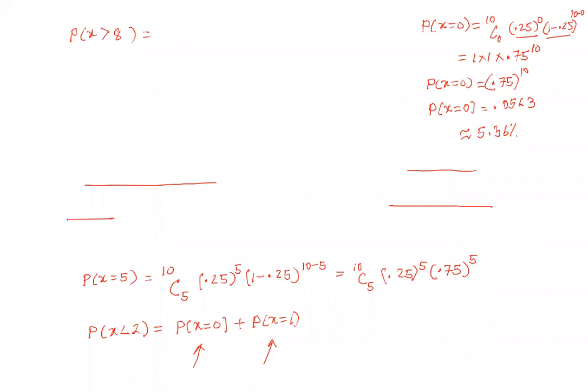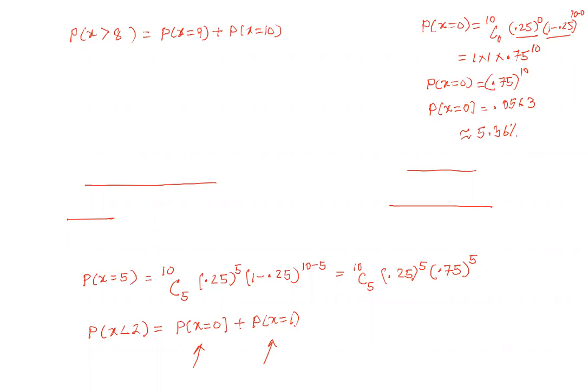Who was it? Was it Jessica? Yeah. Thank you, Jessica. X greater than 8, which means what? Probability of x is equal to 9. Greater than 8, you cannot include 8, or you should not include 8. Probability of x is equal to 10.